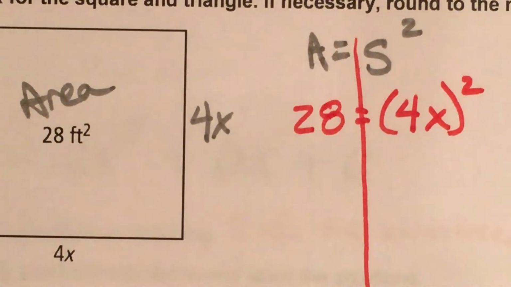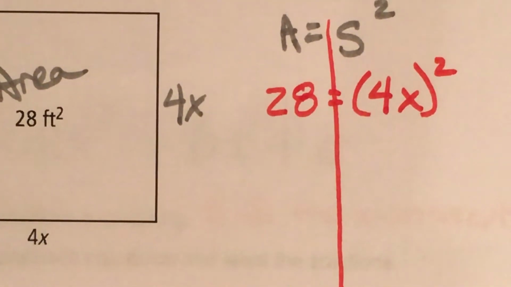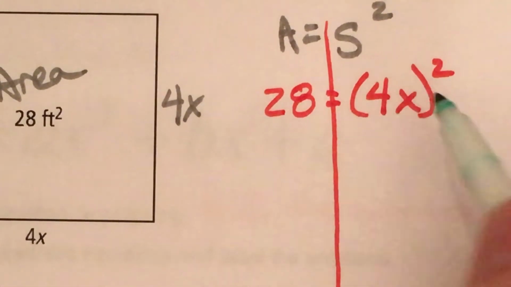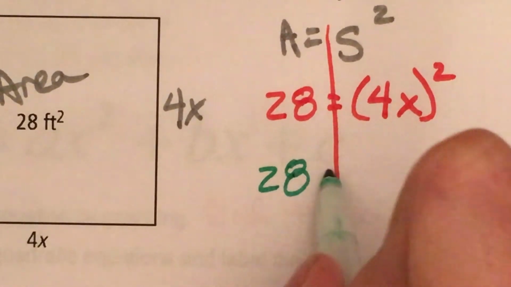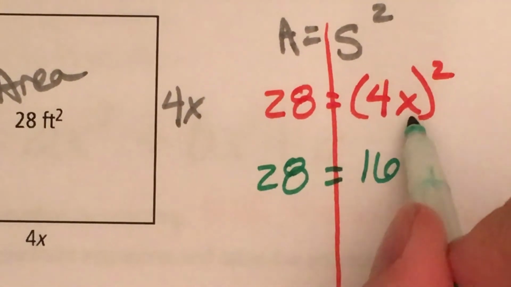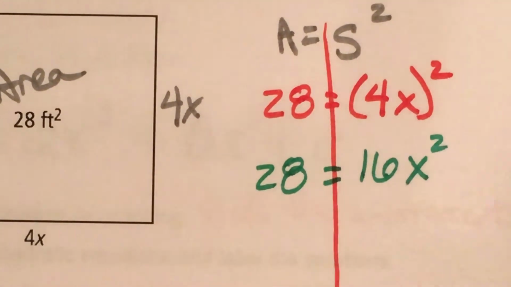All right, let's start the process. What do we need to do? So let's square this quantity. So 4 squared is 16x squared. Great.